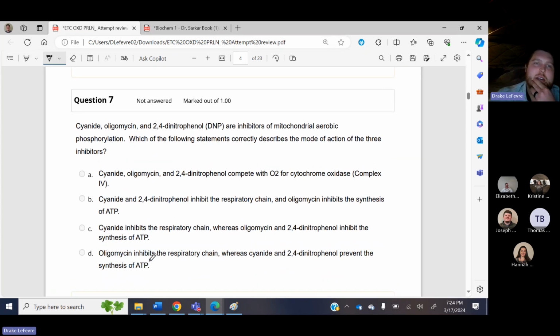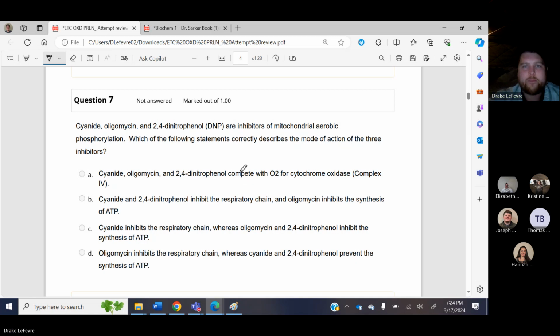Okay, here's another question about the stuff that stops stuff. Cyanide, oligomycin, and 2,4-dinitrophenol, aka DNP, are inhibitors of mitochondrial oxidative phosphorylation. Which of the following statements correctly describes the mode of action of the three inhibitors? So the whole first chunk we can skip reading.